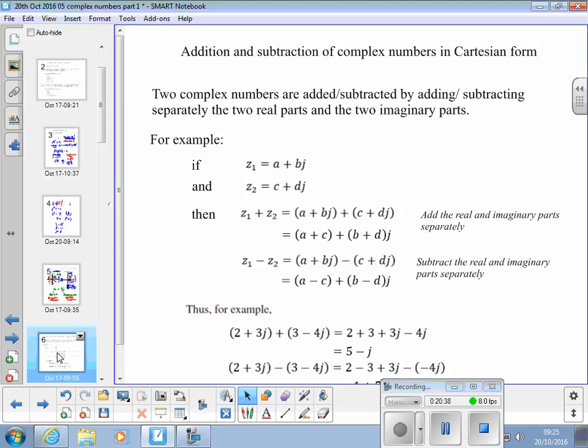So a simple case, if Z1 is equal to A plus BJ and Z2 is equal to C plus DJ, we add the two together in this form by simply saying it's A plus C, the two real parts added together, plus B plus D times J. And we must be very careful not to drop that J off the end there. Lose it.